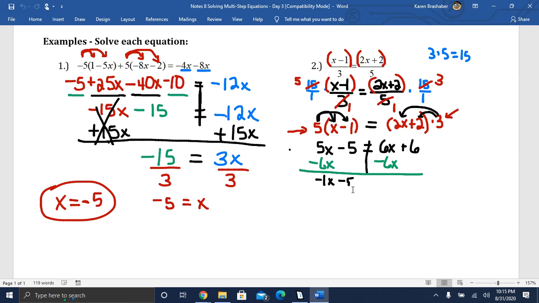I have my equal sign, and these eliminate, and I have a 6. So I'm ready to add 5 to both sides of the separator. Here's the separator again. So I will add 5 to both sides of the separator, and that will give me negative 1x.